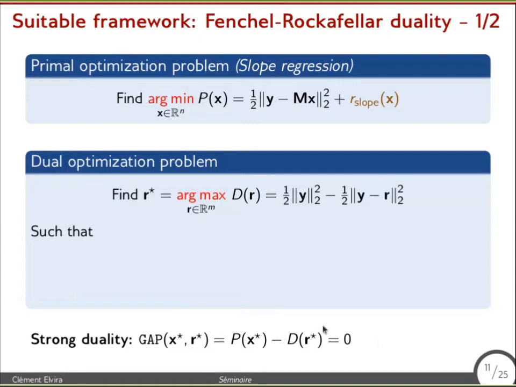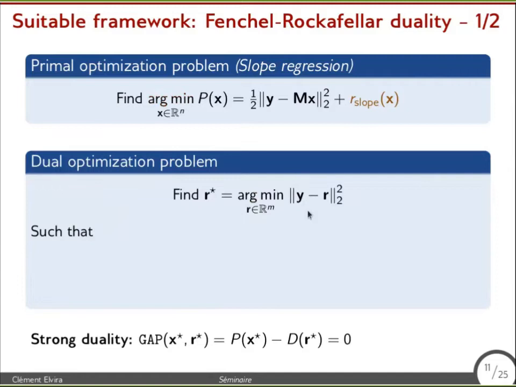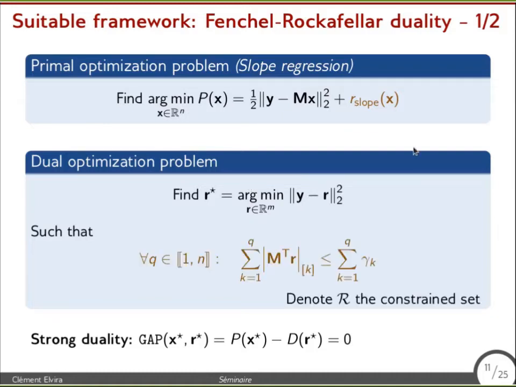It is positive when the solution has not been found and 0 otherwise. Here I say that the dual optimization problem is a maximization problem, but to ease my exposition, I will transform it into a minimization problem. This is totally equivalent. You will understand later why I have done that. And I was talking previously about constraints, so they appear right now.